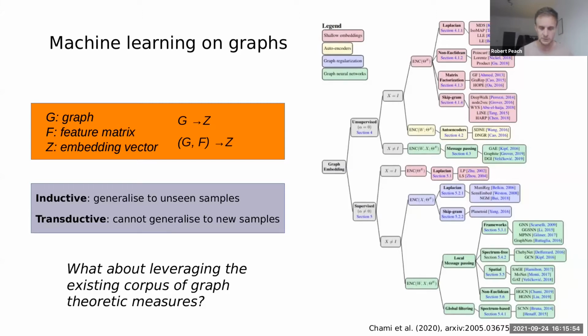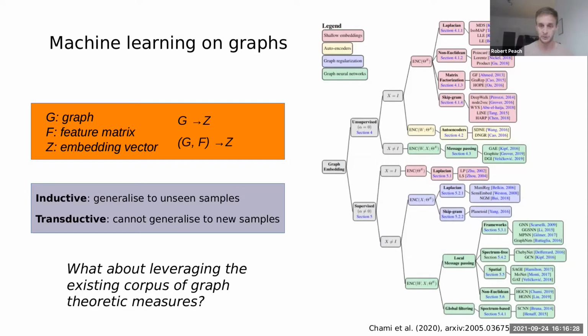So if I'm doing node classification and I'm trying to classify nodes in my graph, I have the whole graph structure, and I have the ground truth for some of the nodes, but I don't have it for others. The embedding space that I'm going to learn that allows me to predict accurately the class of other nodes within my graph is not generalizable to a whole new graph. So the model that I've learned is only applicable to the graph that I have. And so in this case, it's transductive.